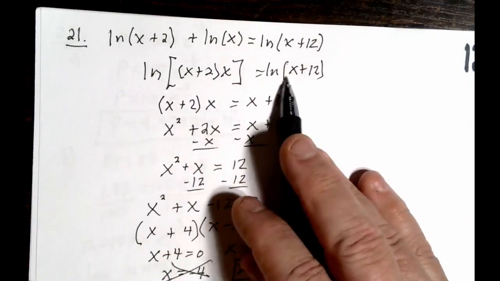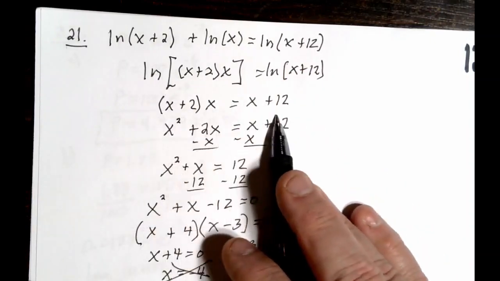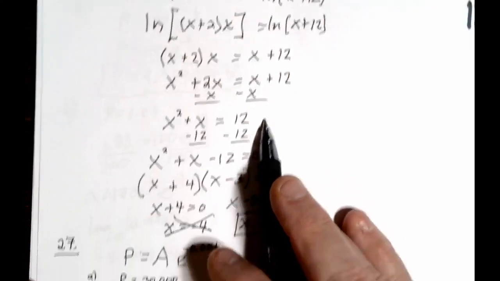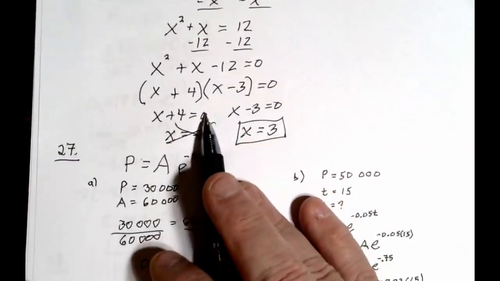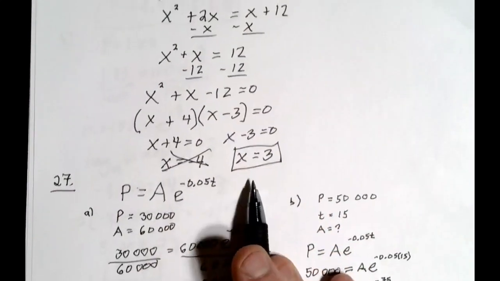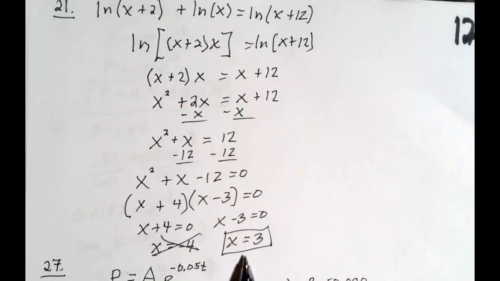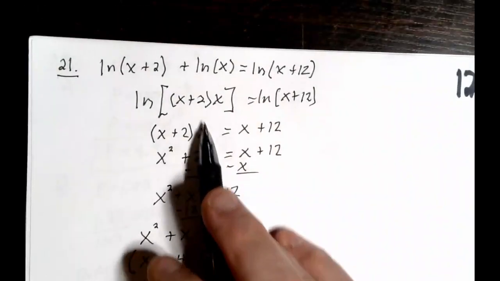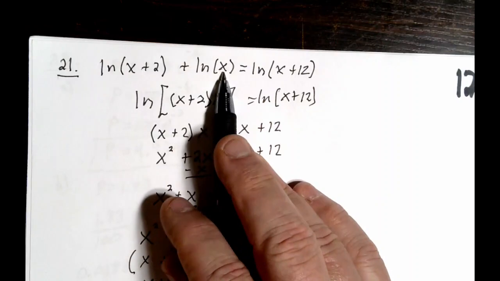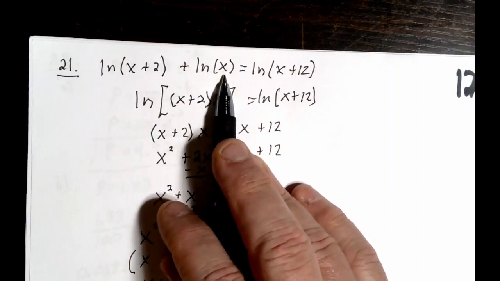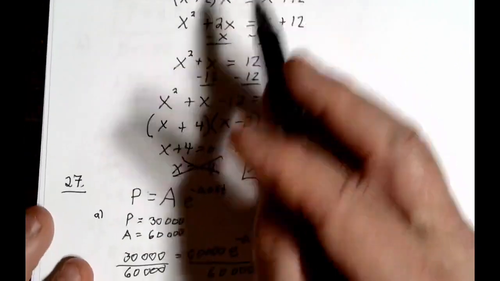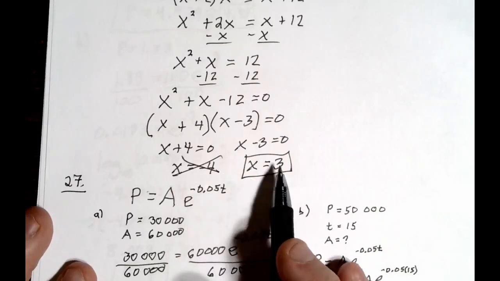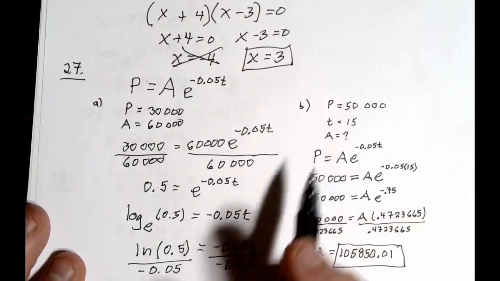And then I throw everything to one side, factor, I get two answers, -4 and 3. Now when you plug in -4 in the original problem, you get ln of -4. You can't do that. You can't take the log of a negative number, so -4 is out. 3 is your only legitimate answer.